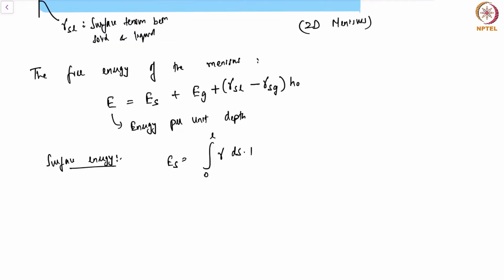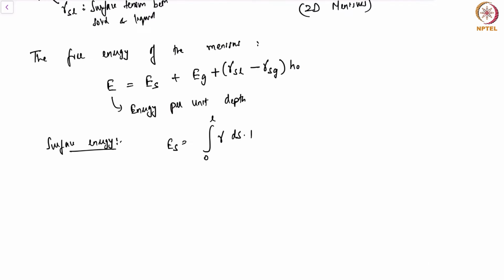Okay. Now we have this quantity. Now we need the gravitational potential energy. I'll simply call it the potential energy. This is because of gravity, and we'll call it Eg. And what is this Eg?